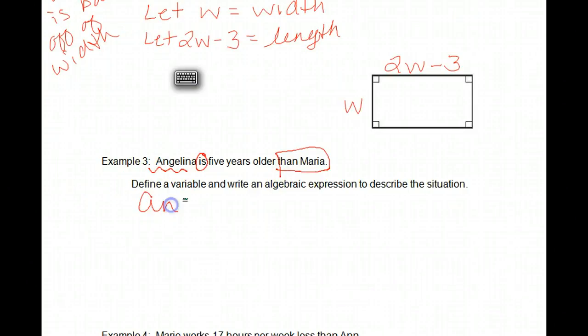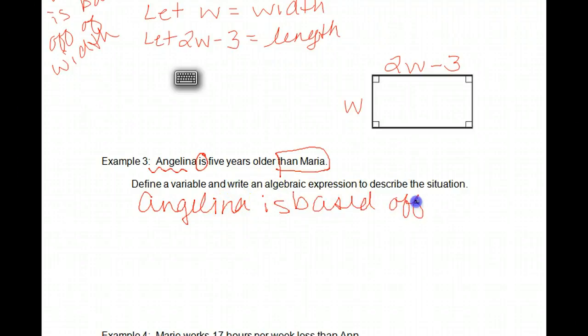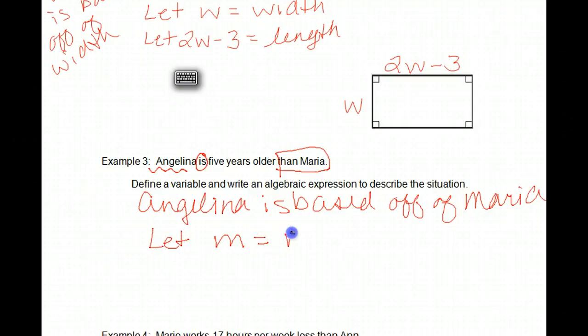So that tells me that Angelina is based off of Maria. So that means that Maria is my starting point. So I'm going to let M equal Maria.